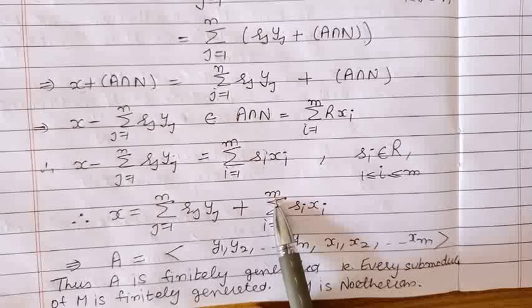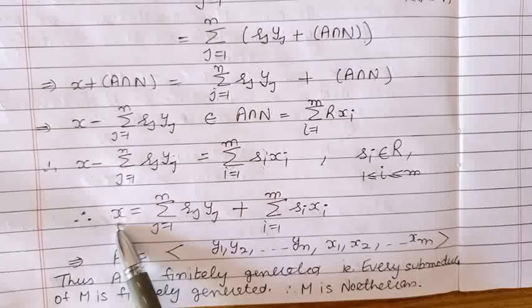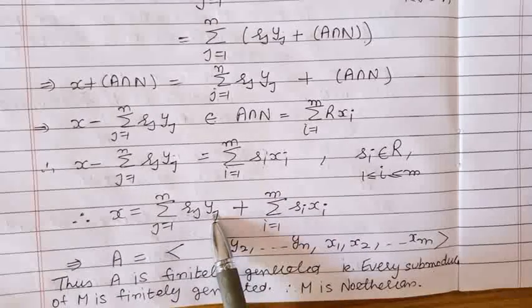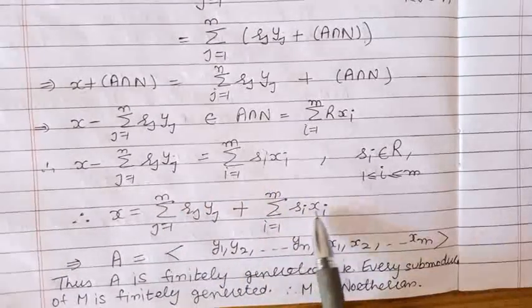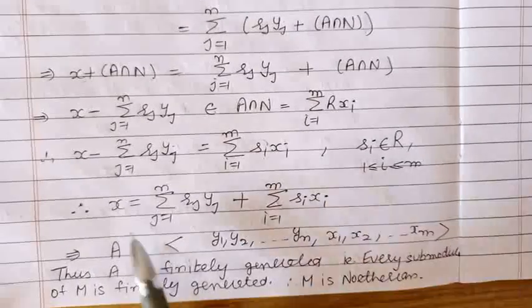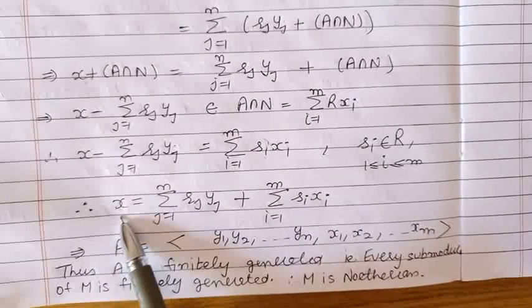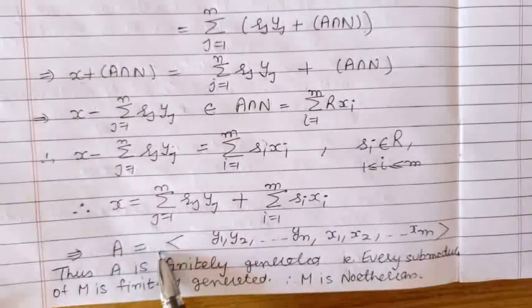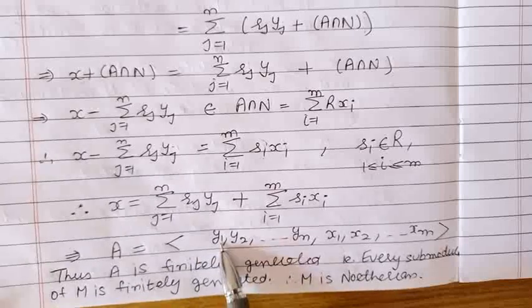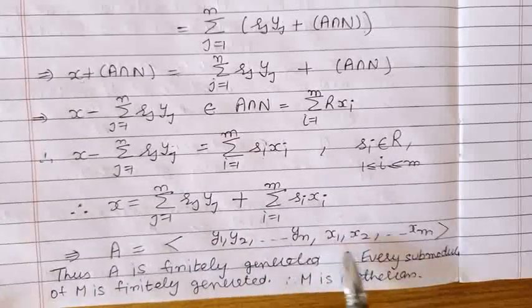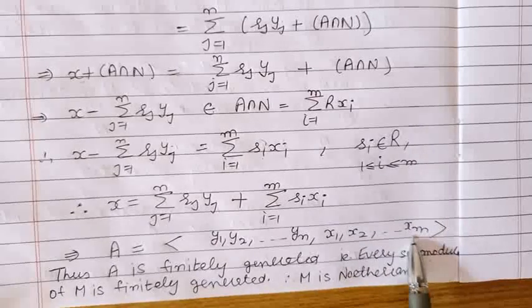So we have shown that x can be written as a linear combination of the elements y1, y2, y3 up to yn and the elements x1, x2, x3 up to xm. x was an arbitrary element taken from A. So we can say that A is generated by the elements y1, y2, y3 up to yn and the elements x1, x2, x3 up to xm.